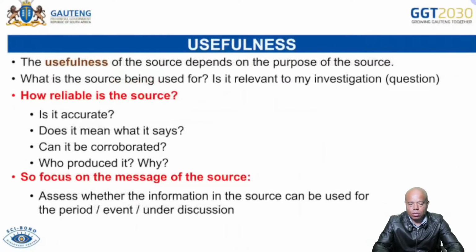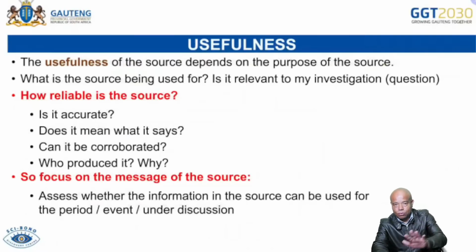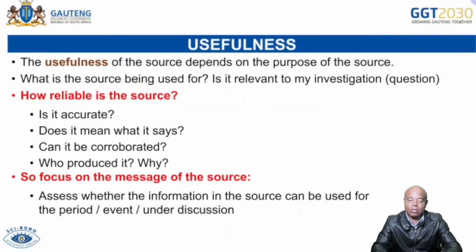Then we go to usefulness. Usefulness, we need to ask ourselves these four questions, and that's how we will get our answers. Is the source accurate? If there's no date, it's not accurate. So it means now usefulness and reliability are almost asked on the same basis. Does it mean what it says? Can it be corroborated? Is it consistent with other sources? Who produced it and why, basically?